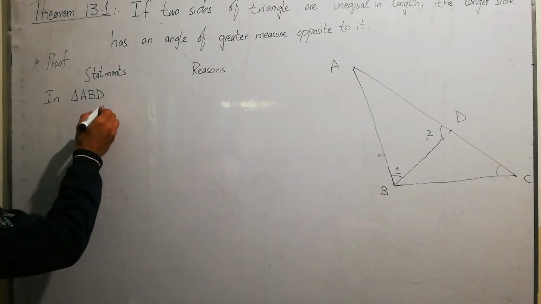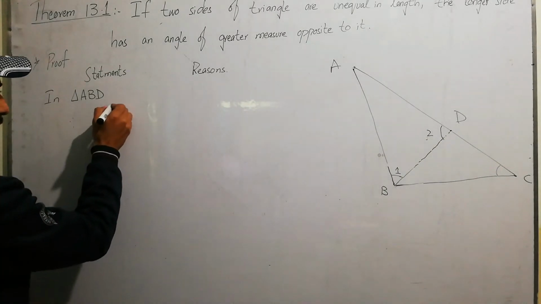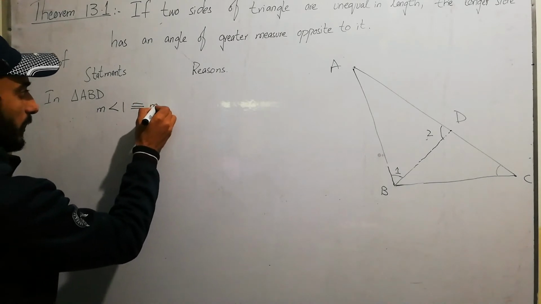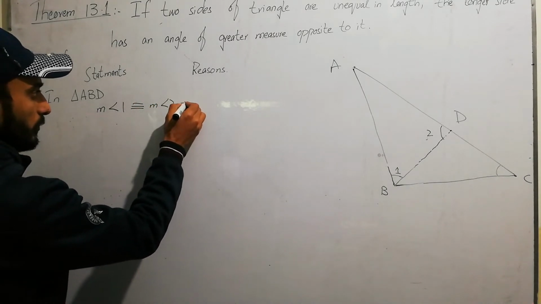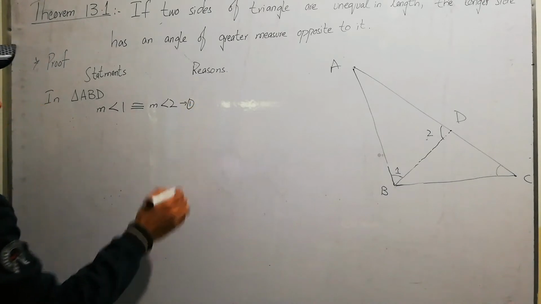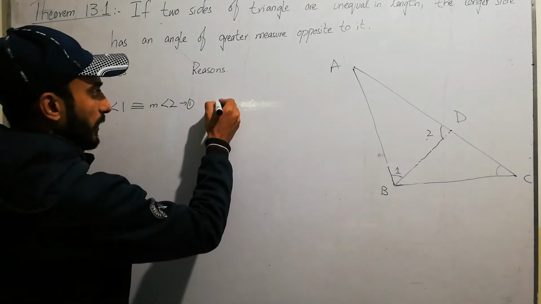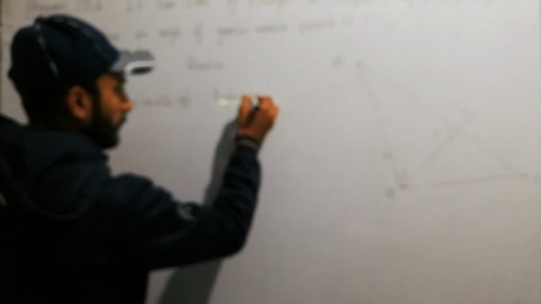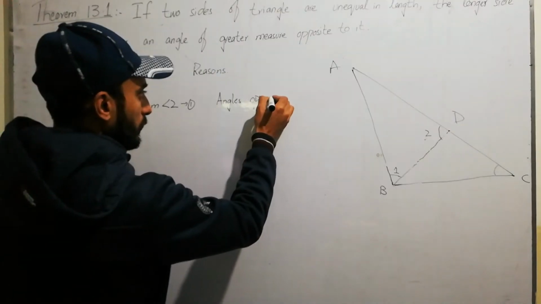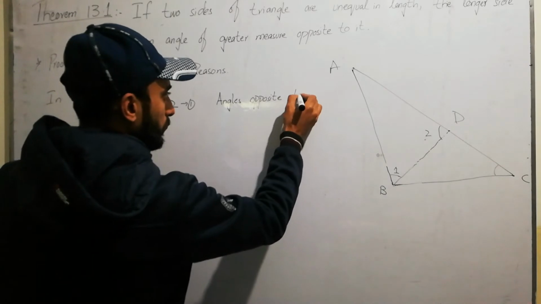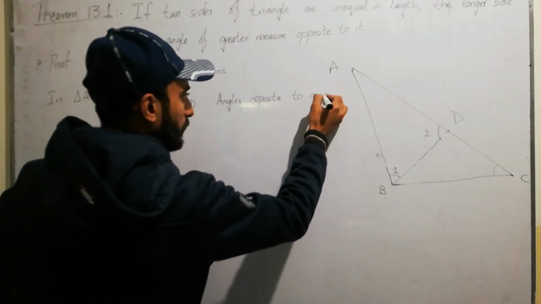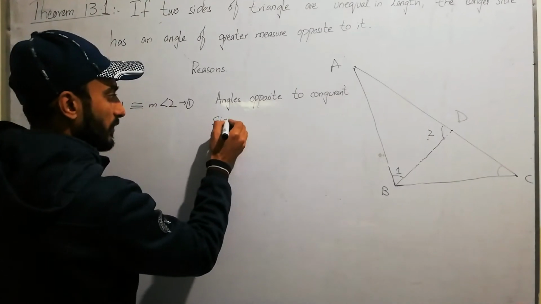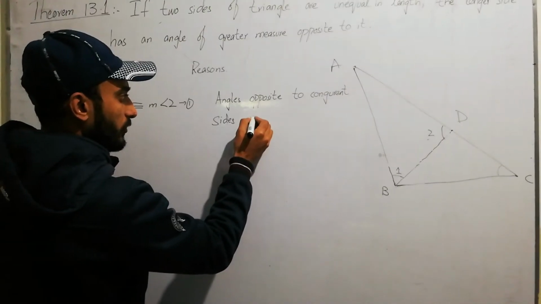Now in triangle ABD, we can say that the measurement of angle 1 is congruent to the measurement of angle 2. Call this equation number 1, because angles opposite to congruent sides are also congruent.